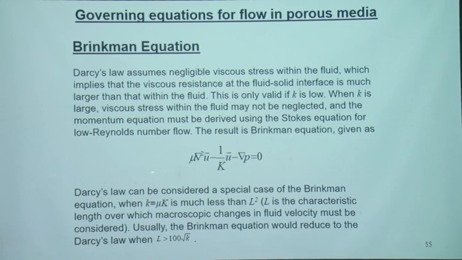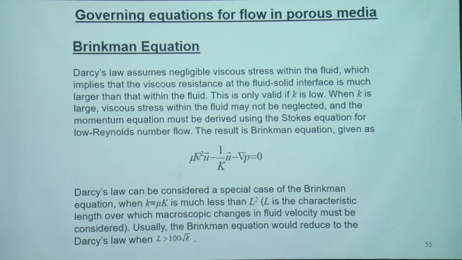Typically, when you decide which of these equations to apply to your biological tissues of interest, you look at the length scale, and in particular, you look at the permeability. If the length scale is about 2 orders of magnitude larger than the pore scale, then it's safe to use Darcy's law.